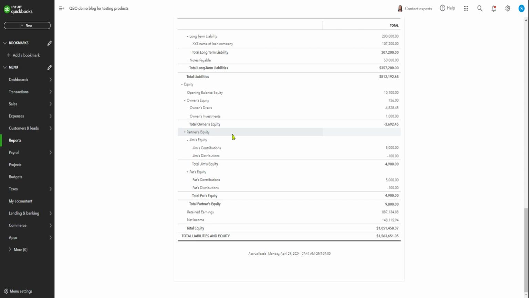In your case, the equity could be owner's equity, like here, or the partner's equity. And if you're a publicly traded company, you'll have shareholders, par value, and other items. Then you have retained earnings, which in this case is never distributed, so that's why it's used. And then you have net income from the current year's P&L. So that's your total equity. That's how you get it.